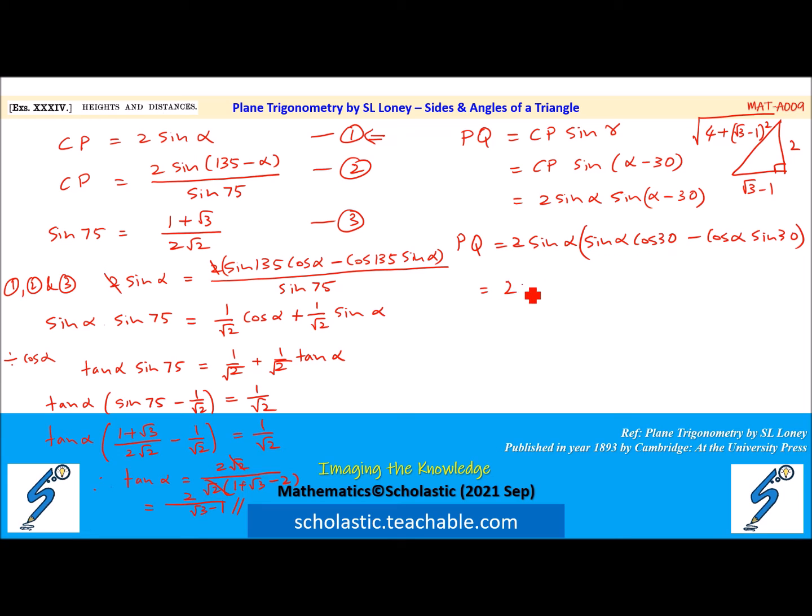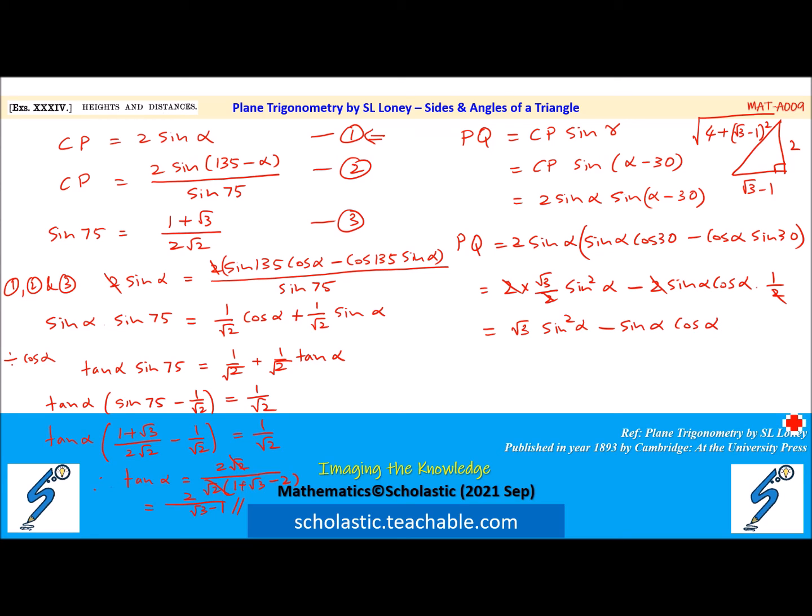So 2 times root 3 by 2 sine squared alpha minus 2 times sine alpha cos alpha times sine 30, which is half. So this 2 cancels off, this 2 cancels off, which is equal to root 3 sine squared alpha minus sine alpha cos alpha. Okay.